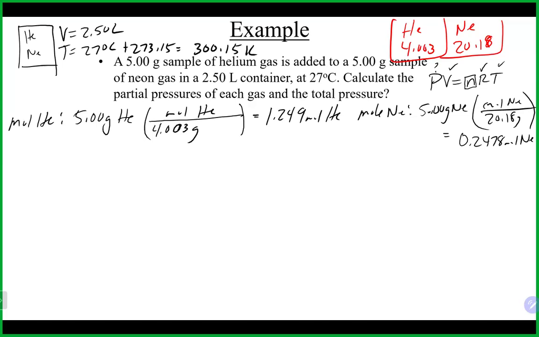So we really have now everything that we need to use the ideal gas law. And once again, we're just going to do two separate calculations, assuming each gas is in there by itself.